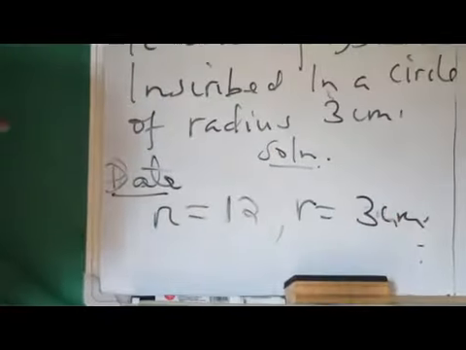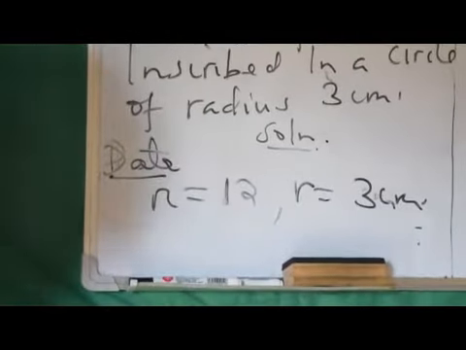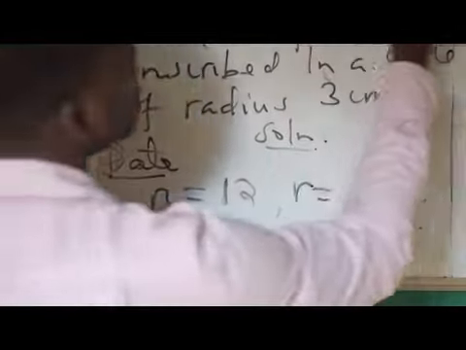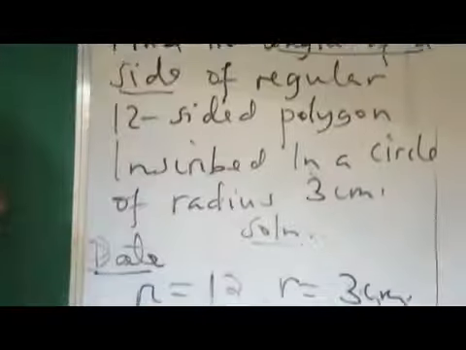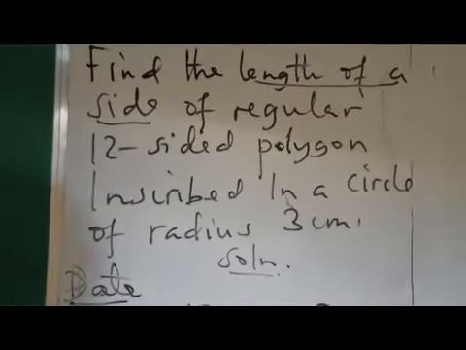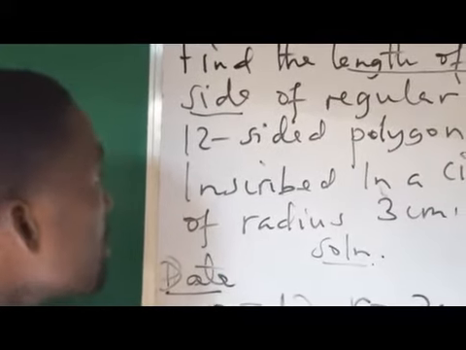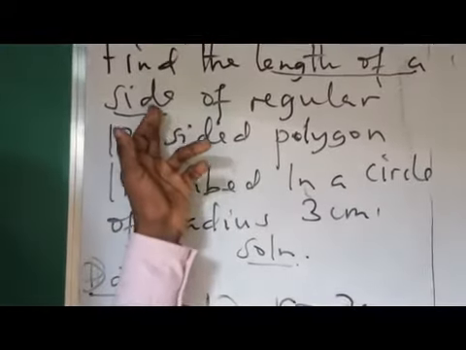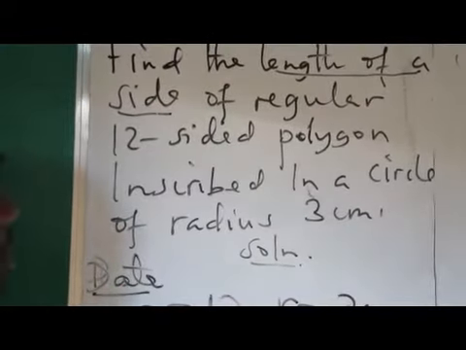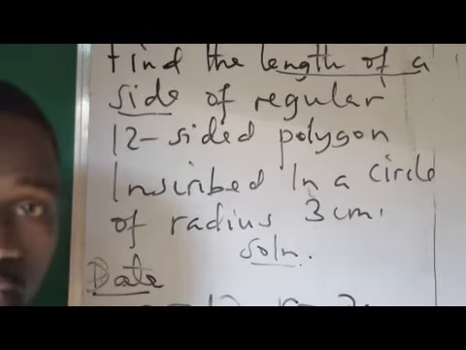So the first thing to find is the length of the side. Length of the side is not a perimeter, it's only one length. And after finding the length of a side, it is also possible to find the perimeter.